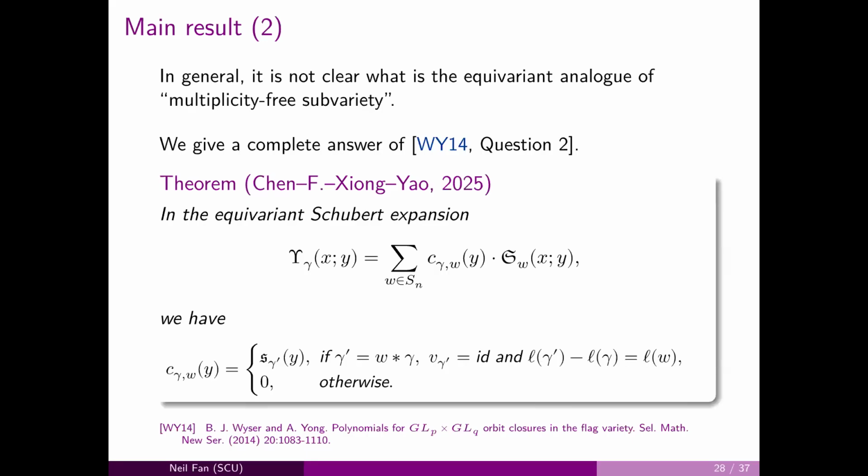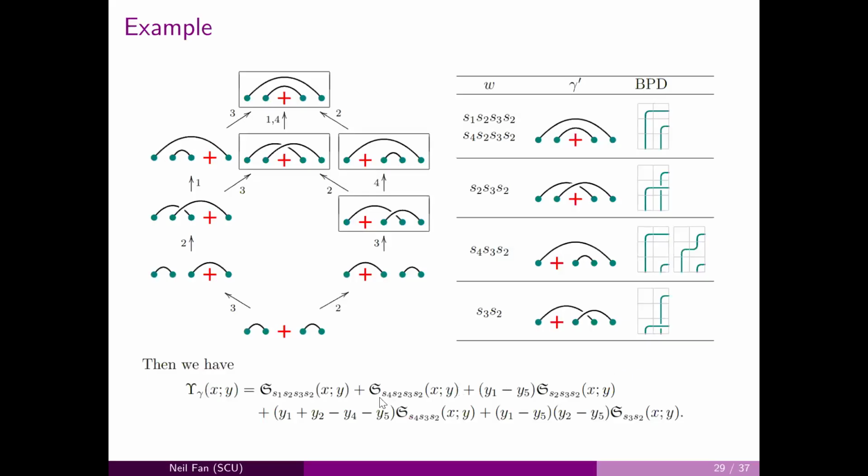Let's see an example. If the Klein equals this Klein, we want to expand its upsilon gamma into double Schubert polynomials. So we consider all the Kleins above this Klein in the weak order. That is the upper order ideal of this Klein.